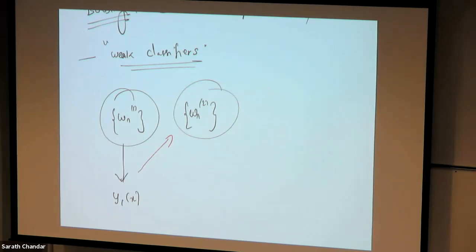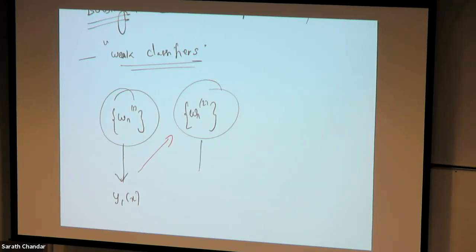However, if the first classifier has made an error on an example, then you're going to increase the weight of that example. So wherever the first classifier made errors, you increase the weight relatively. Is that clear?